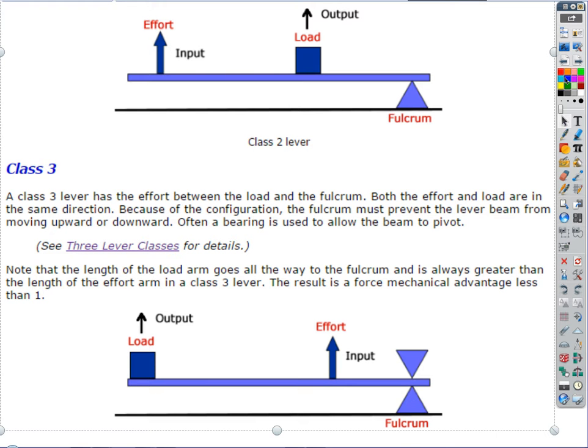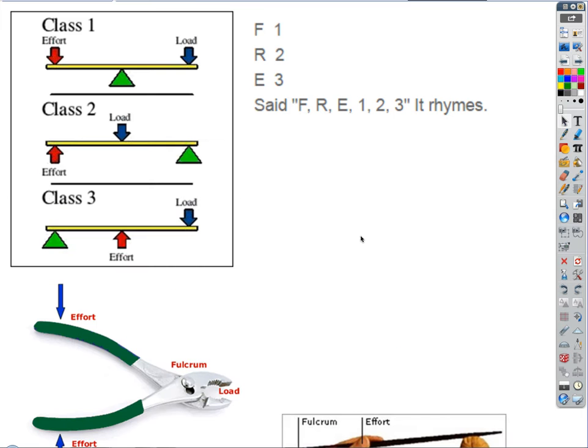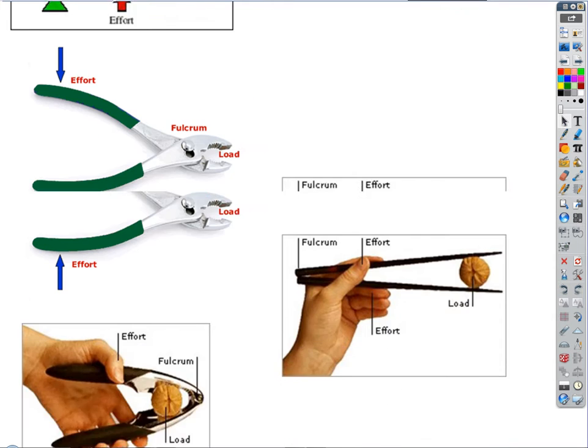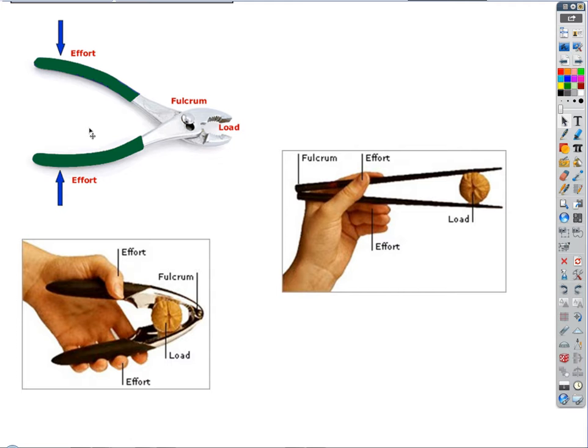Okay, so then what's that one going to be? Pliers. Class 1. It's two of them at once, right? Acting on the same fulcrum. What's a nutcracker? Class 2. And then chopsticks?